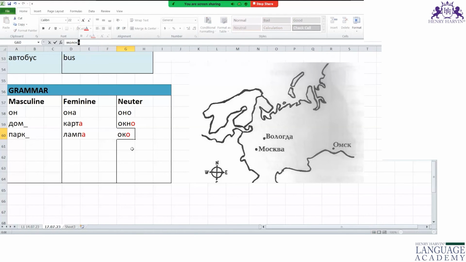No other reason for it, just grammatically. So here we have a rule that masculine has no ending, which means the last letter is a consonant. Feminine ending А, neuter ending О. We will extend this rule. We will talk about other endings of masculine, feminine, and neuter later. Okay, so for now, remember this very simple rule.